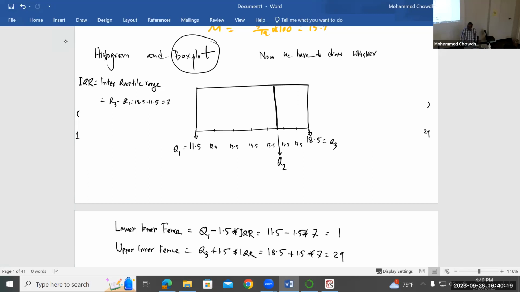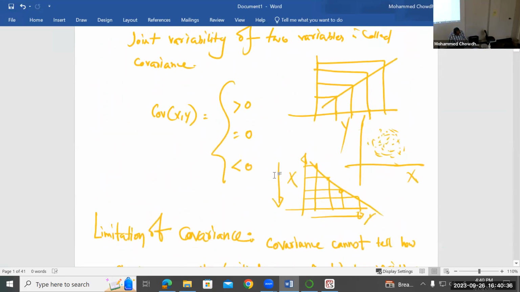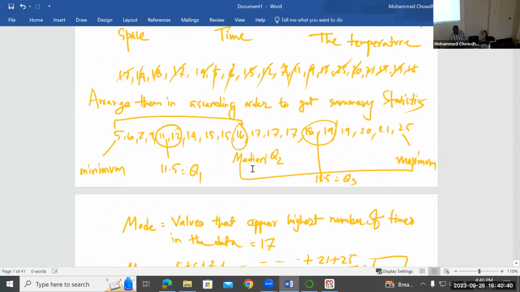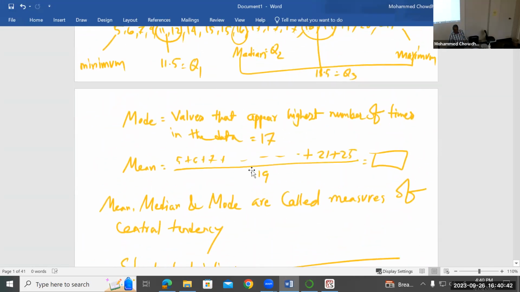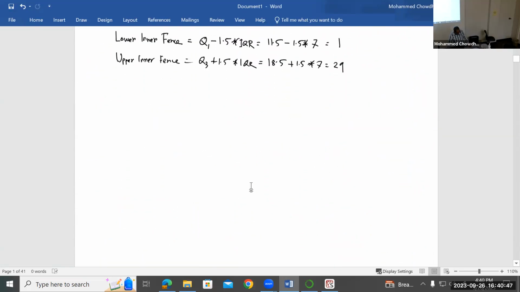So now draw the whisker to the maximum of the data within the upper inner fence. So what is the maximum of the data? 25, right? Let me write it so that you will not forget if someone asks you.